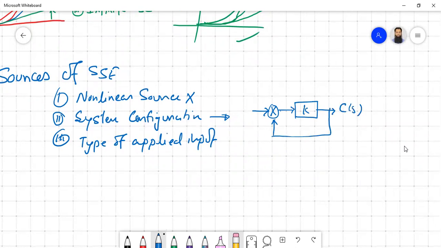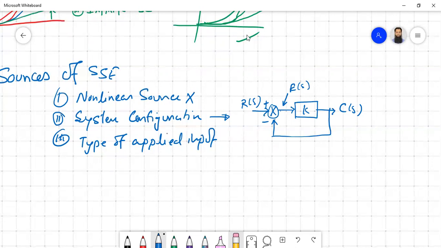Now, what is our steady state error? By definition, the steady state error is the difference between the input and the output. So this is where we are going to get our error. Steady state error is basically what remains whenever the time is so high that our transient response is over.